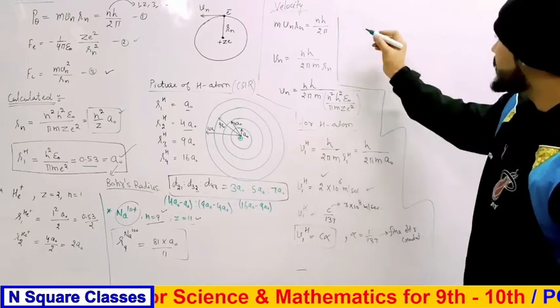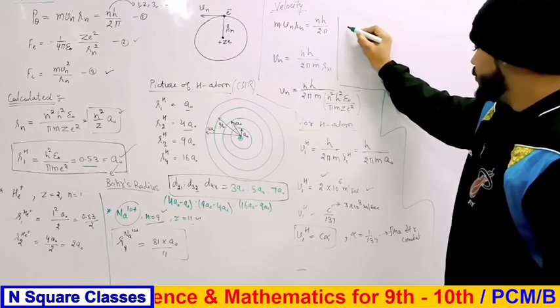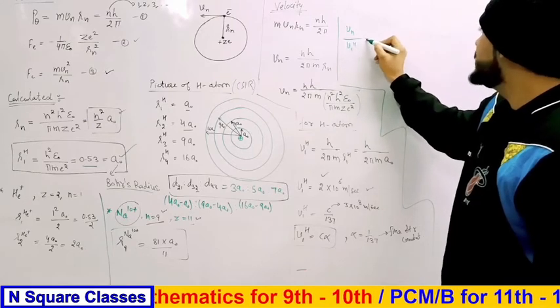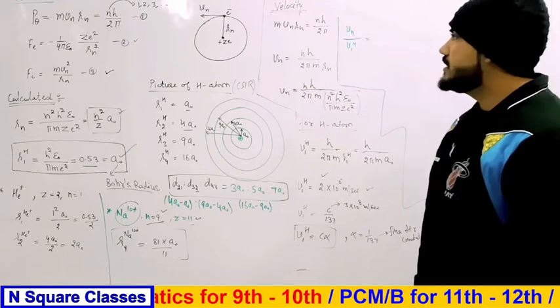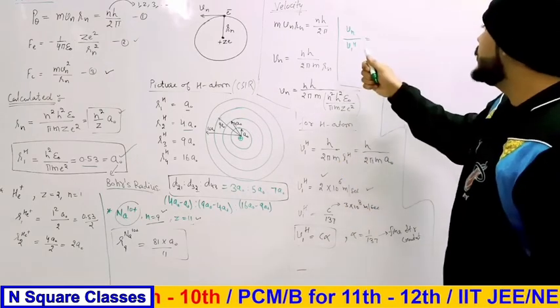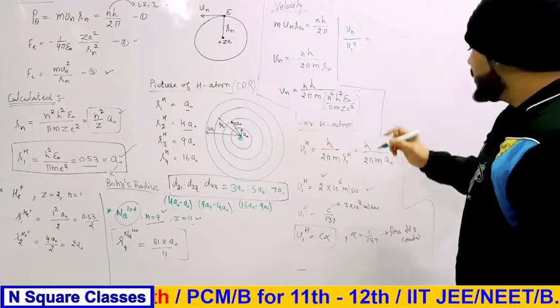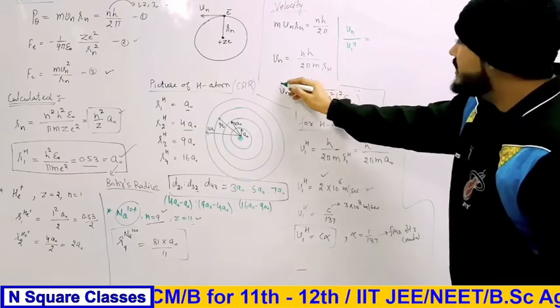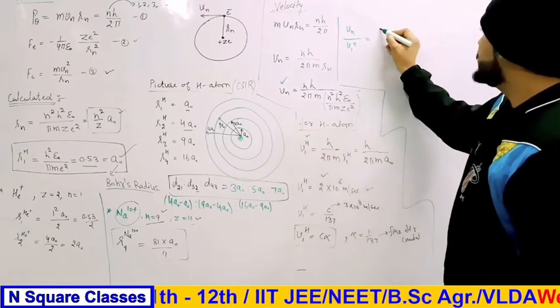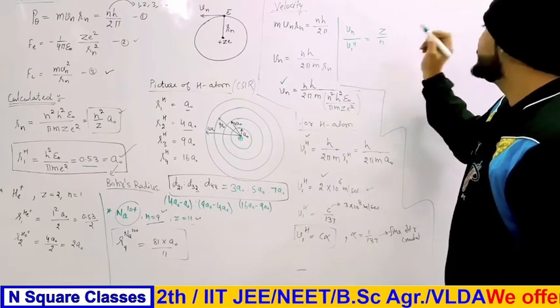If we take the ratio Vn by V1H, that is the velocity in the nth orbit divided by the velocity of the electron in the first orbit of the hydrogen atom, clear, we got z by n.